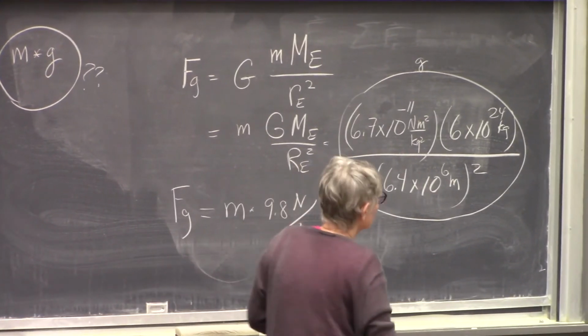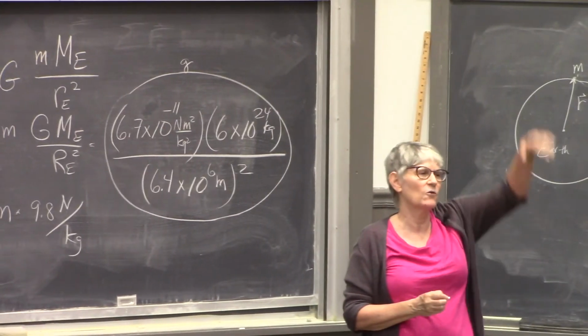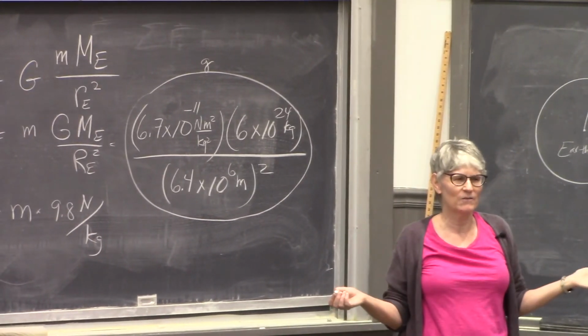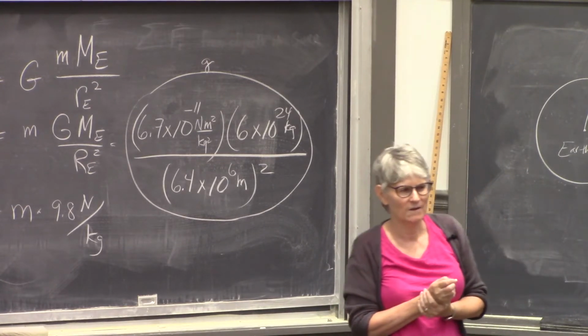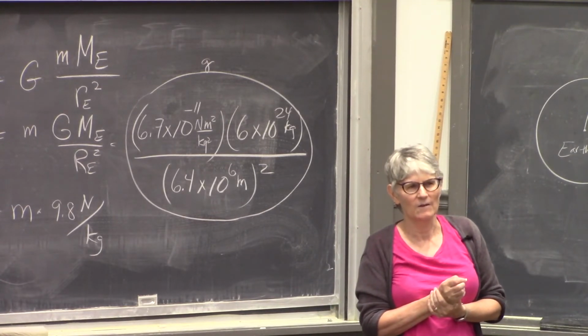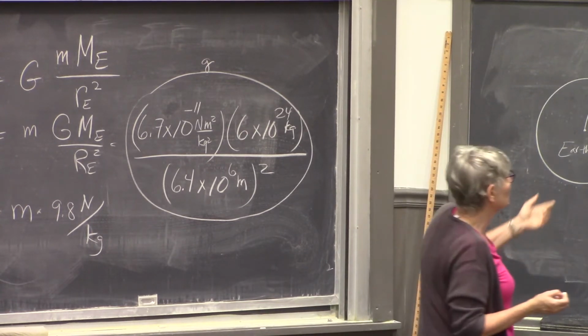So why is this a good approximation, though? I mean, what if you're on the fourth floor of a building? You're not on the surface of the Earth. Charles? The order of magnitude is so high, even a few kilometers won't make a difference. Yeah, the radius of the Earth is really big.